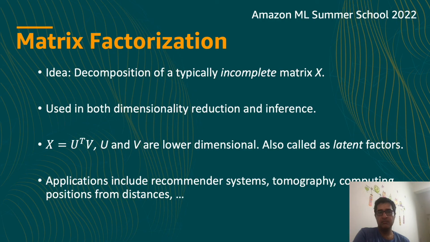And this particular operation of identification of these lower dimensional matrices in case of matrix factorization is also called identification of latent factors. And like I said, this matrix factorization has been used successfully in multiple things like recommender systems, tomography, and so on and so forth, to be able to identify the essential structures sitting in problems like these.